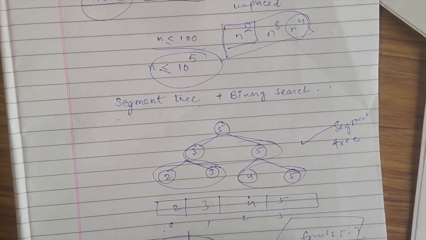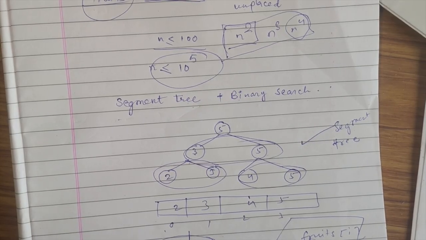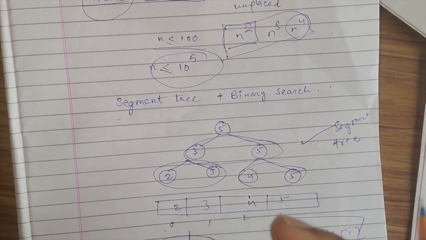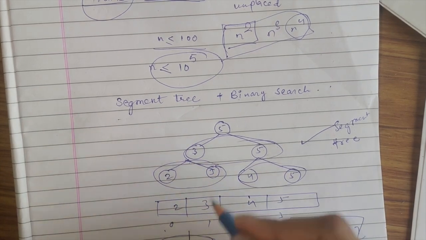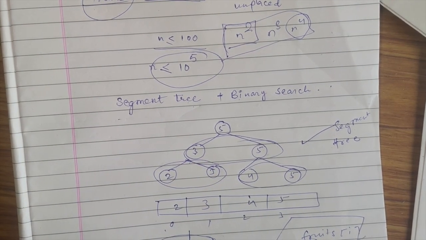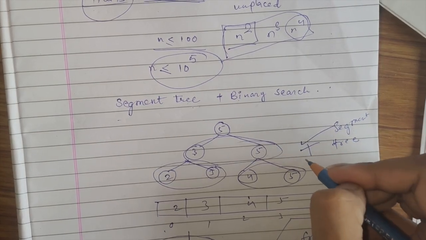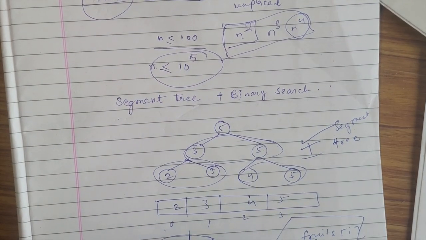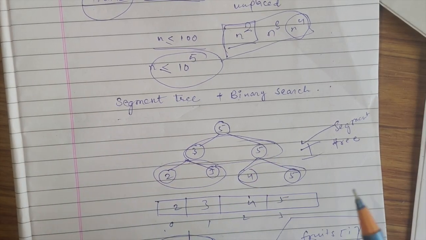For every fruit we check whether there is any basket in this range that can hold it, and for that range, what the maximum basket capacity is. For that we are using the segment tree, which tells which basket in this range has the maximum.